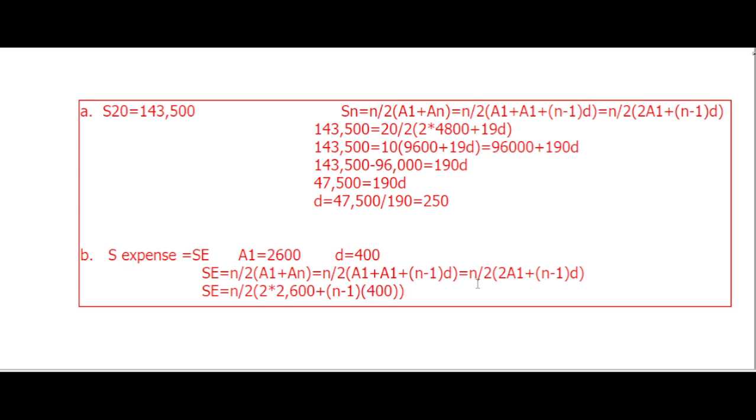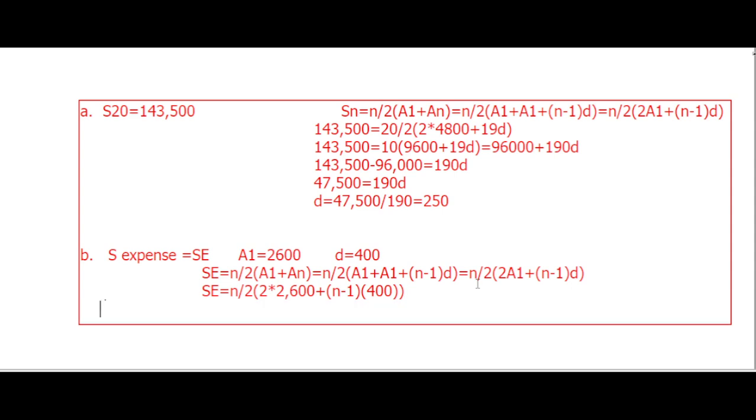Now this is equal to, we can put it like this, SE, expenses, is equal to n over 2 times (2 times 2,600, which is 5,200, plus 400n minus 400).